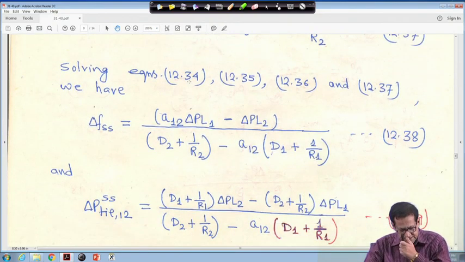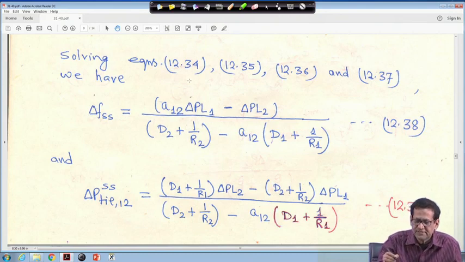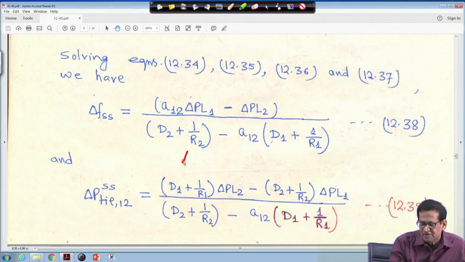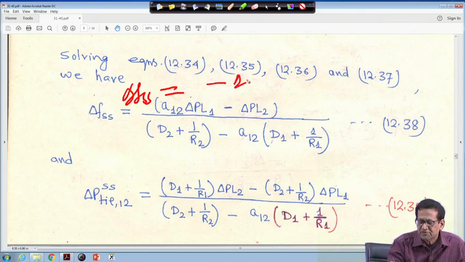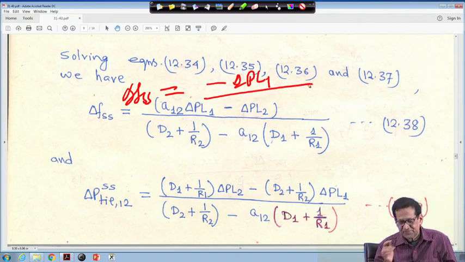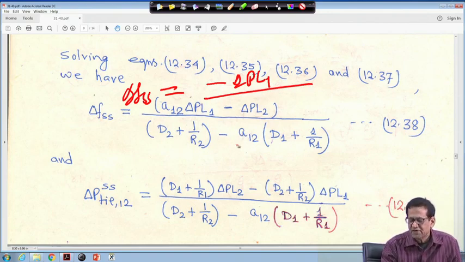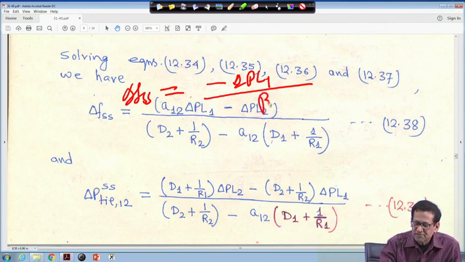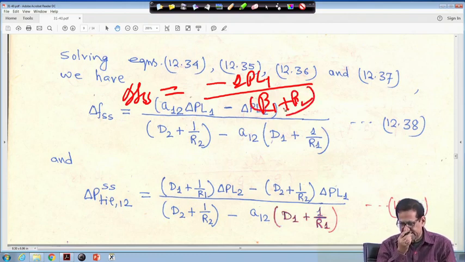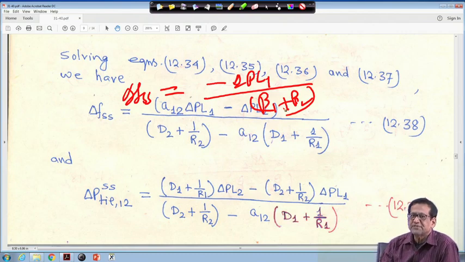delta FSS will be, with delta PL2 equal to 0 and A12 equal to minus 1, delta PL1 divided by beta 2 plus beta 1. So, basically it will be minus delta PL1 divided by beta 1 plus beta 2.